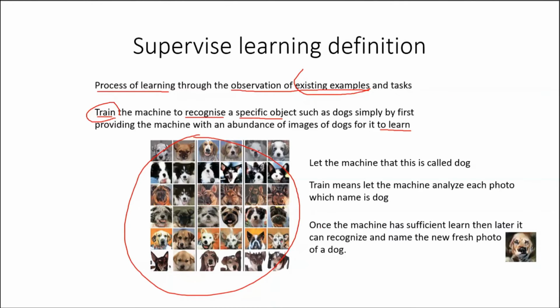So this is the input. When it is given this photo, it can call it a dog. Why? Because when it analyzes this, the pattern is similar to what the computer has learned here. So that's why it calls it a dog.